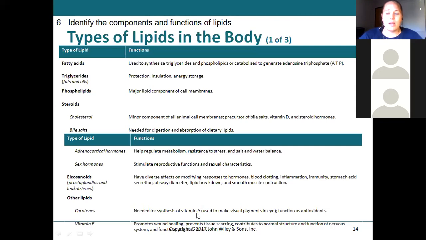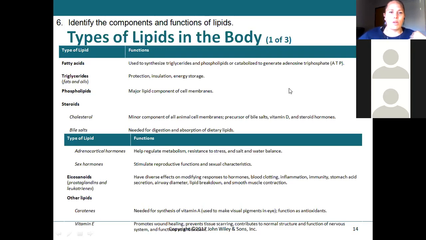It's called golden rice. In parts of the world where they're vitamin A deficient, this golden rice can help provide that vitamin since they're not ingesting enough in their daily diet. Vitamin E is important for wound healing and preventing scar tissue, and maybe some of you have used that to prevent scar tissue.